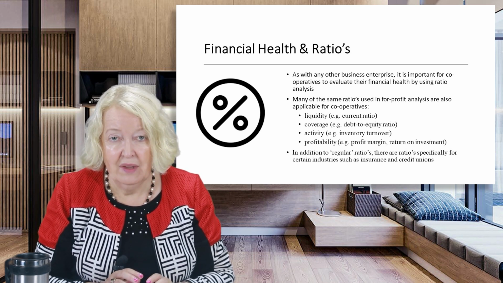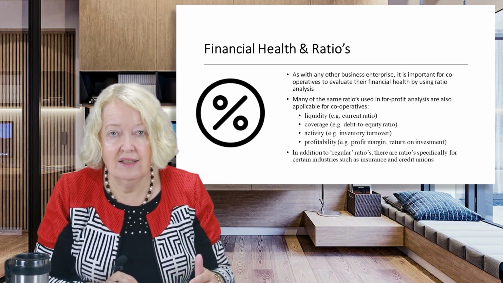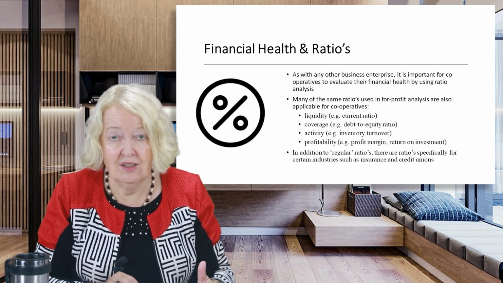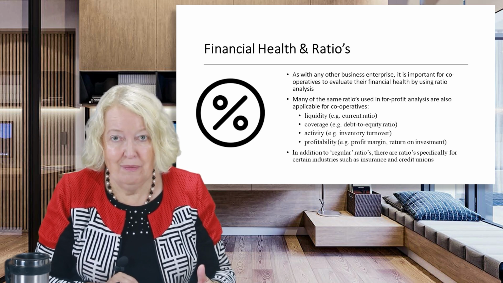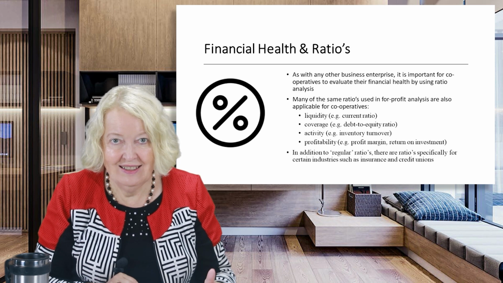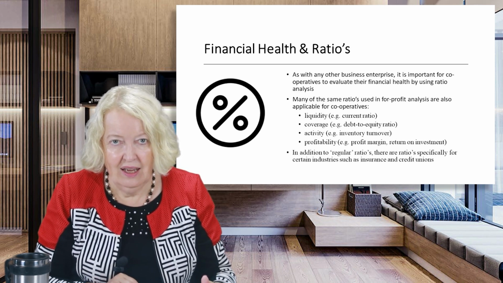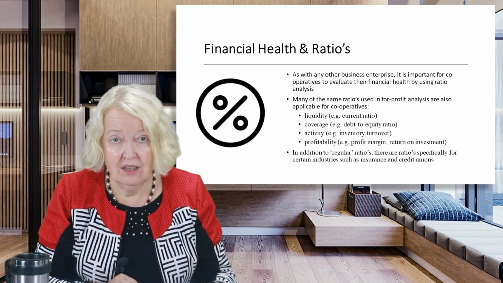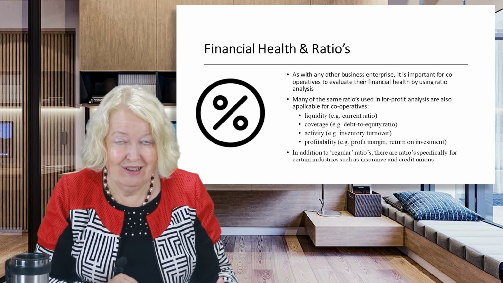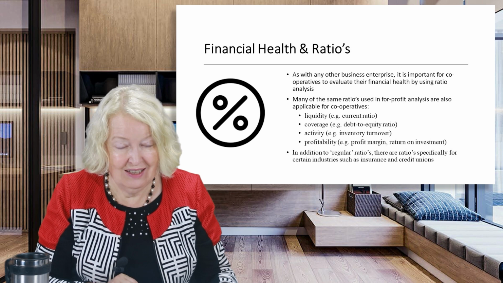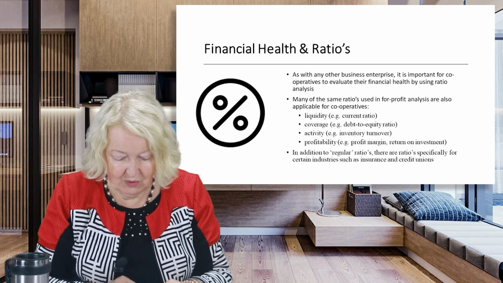For liquidity, we look at your assets compared to your liabilities. If your liabilities are greater than your assets, that's a problem. It really reflects on your ability to pay your debt. And if your assets are less than the debt, then there's going to be consequences.